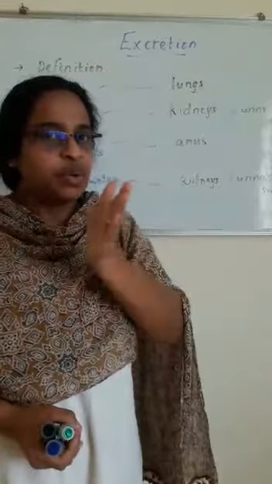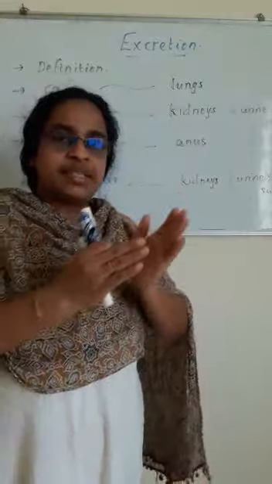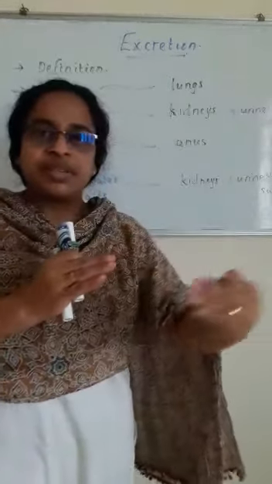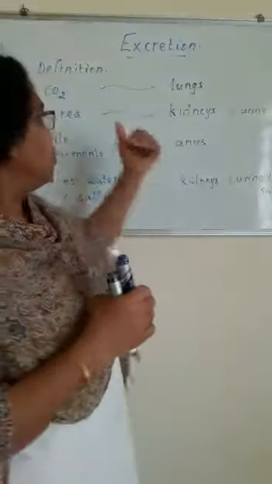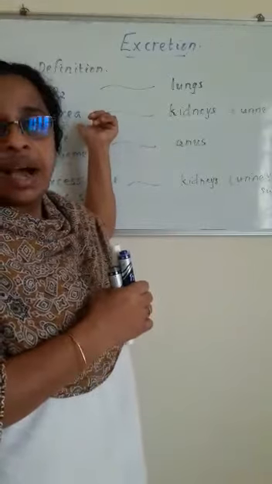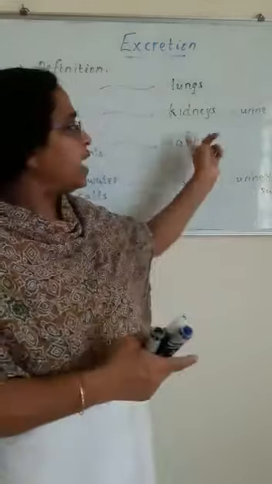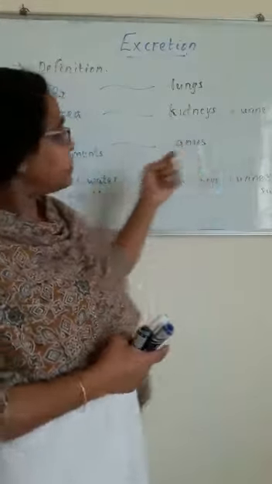Proteins are broken down to amino acids and the excess amino acids go to the liver where the amino group is removed. Okay, and then after their metabolism the urea is produced, which is a harmful thing for us. So it will be dissolved in water and excreted through kidneys as urine.